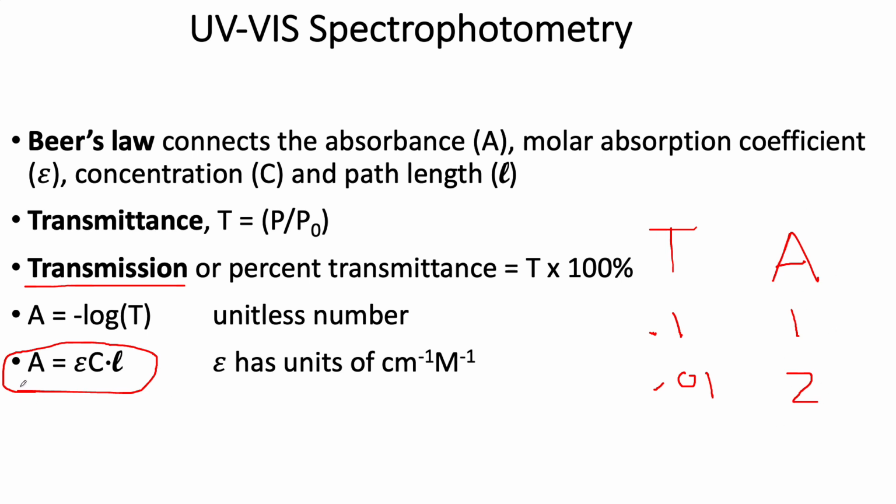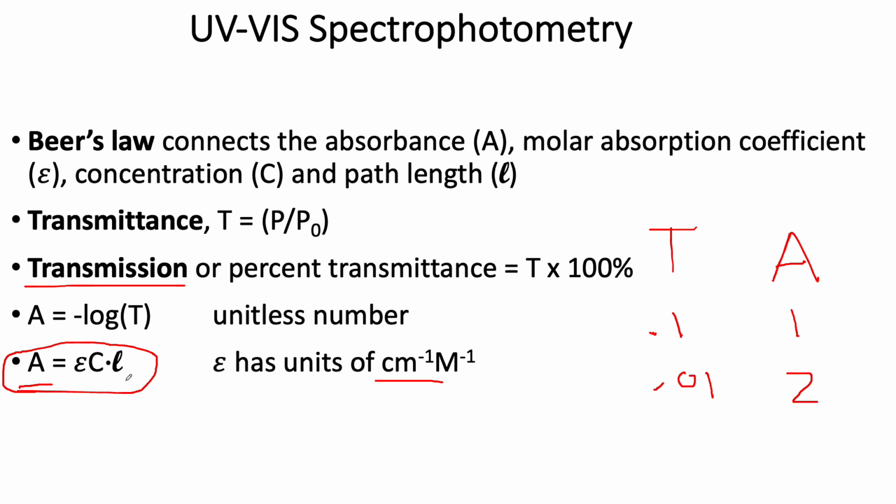And that log scale, absorbance, is now proportional to the length of the light cell. How far did the light have to go through the cell? Or how much interaction was there between that light and the material? And that's usually done in centimeters. And then the molarity of your sample is proportional to the concentration and the length of the cell.